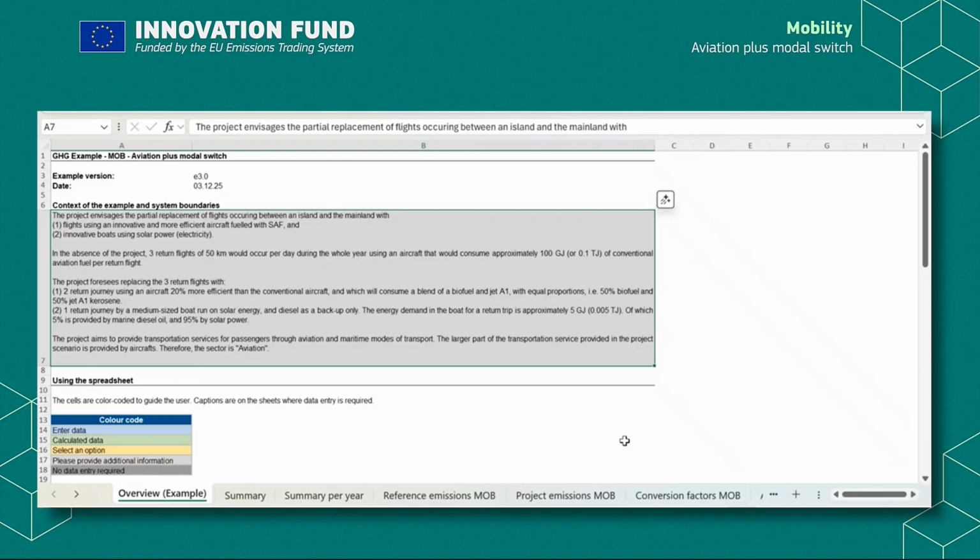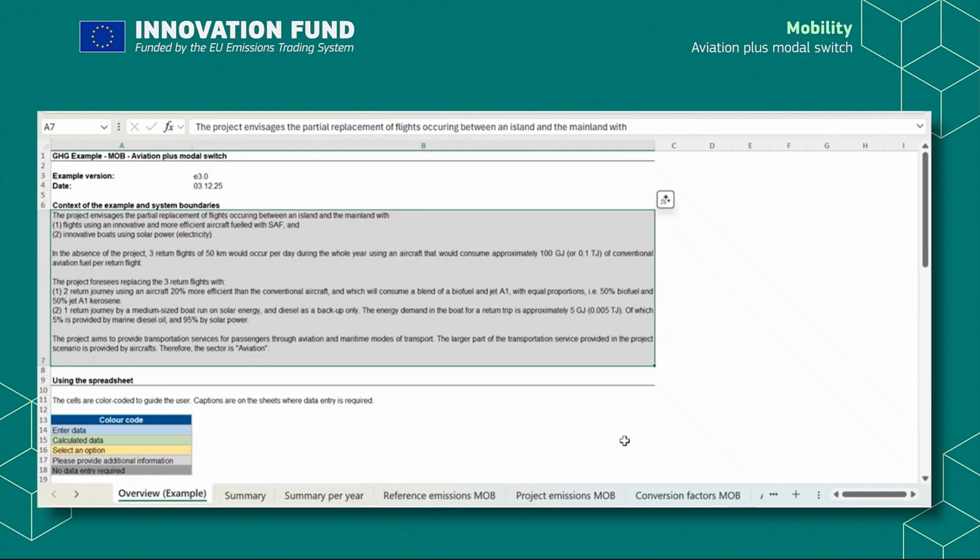The other 2 will be replaced with flights in a more efficient aircraft, fueled with sustainable aviation fuel instead of conventional jet fuel. There are 3 return journeys in both scenarios, but the project proposes a combination of a modal shift from an airplane to a boat, a fuel switch from conventional jet fuel to sustainable aviation fuel, and an energy efficiency improvement in the aircraft.